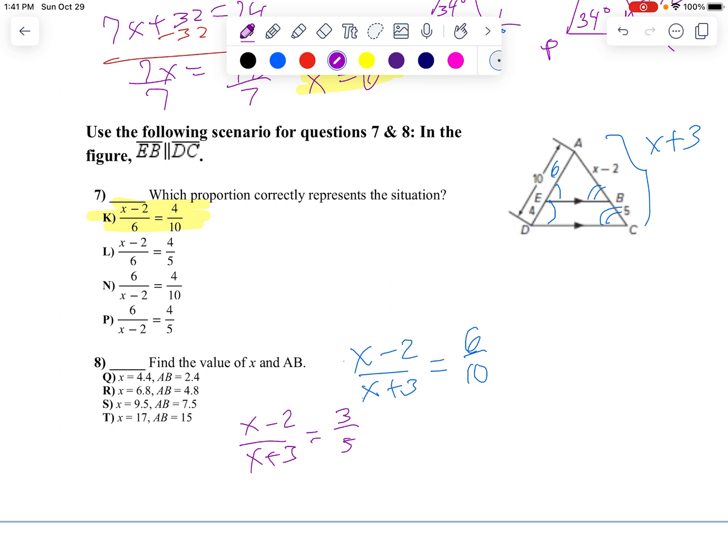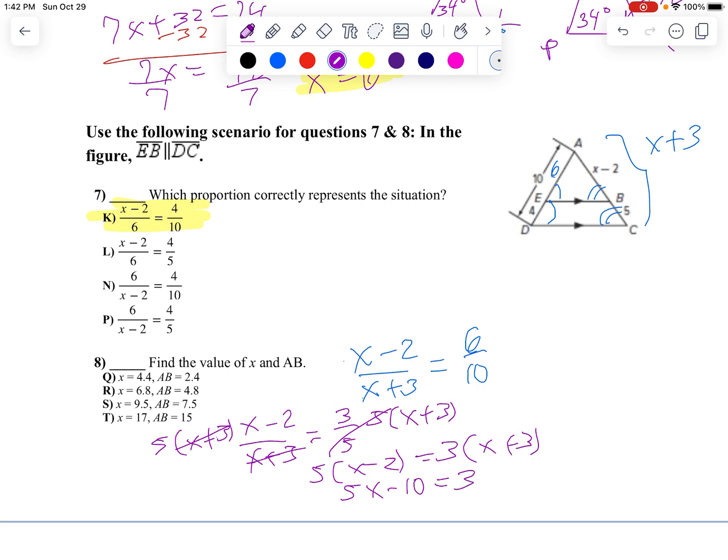I'll clear my fractions. I'll multiply both sides by 5 times x plus 3 on both sides. On the left side, I get the x plus 3 is reduced, so I get 5 times x minus 2. On the right side, my 5 is reduced, equals 3 times x plus 3. Well, let's distribute. So we get 5x minus 10 equals 3x plus 9.